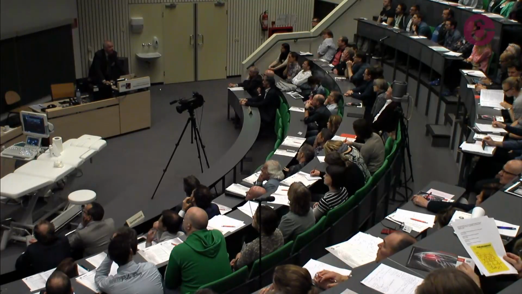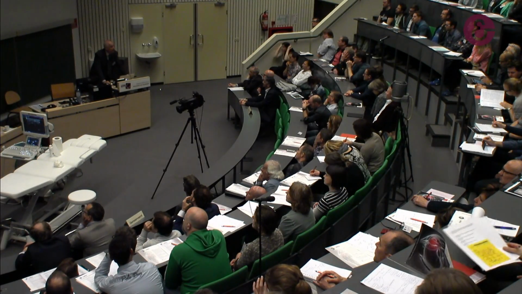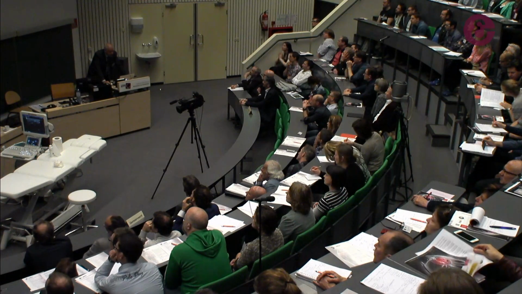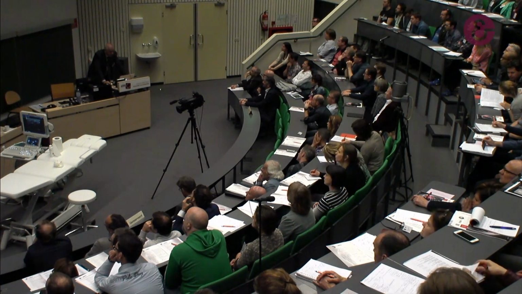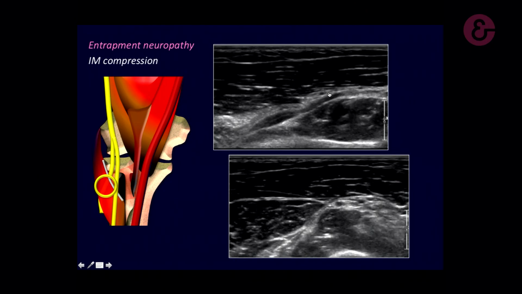Intramuscular compression. This is not described in the literature. I found a lot of patients who do not have the compression in the fossa, not proximal, but I believe more inside the tunnel, in between the two muscle heads. This is one case. You see swelling here, the fossa is over there.